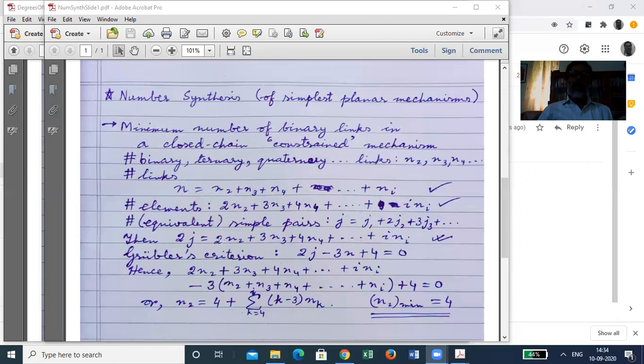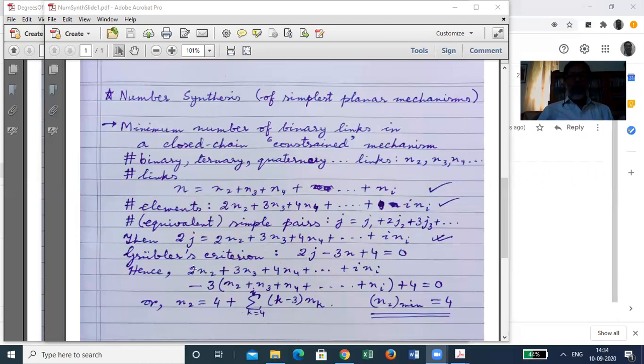We use this expression for twice j, the number of elements, and this total number of links n here to find the condition.